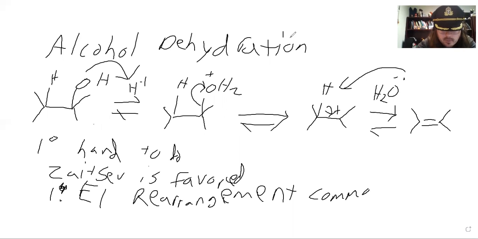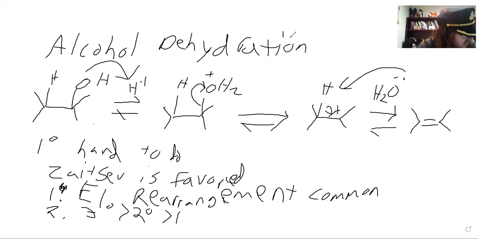It's always going to try to form the most stable carbocation. This is going to happen more commonly. Tertiary alcohols are going to react better than secondary alcohols, which are going to react much better than primary alcohols. We see a lot of rearrangement and very poor yields when we deal with the primary alcohols. And we always have to follow Zaitsev's rule.